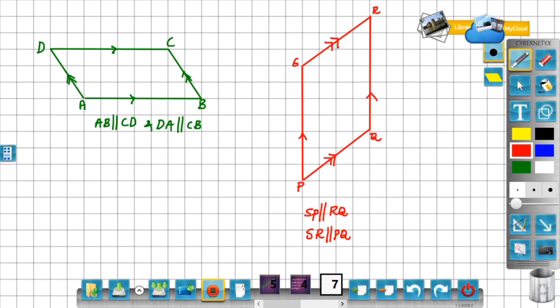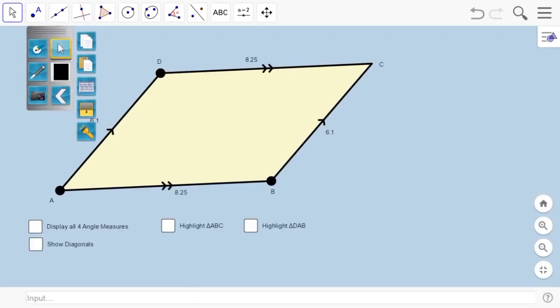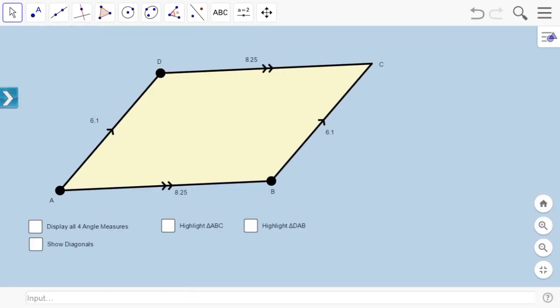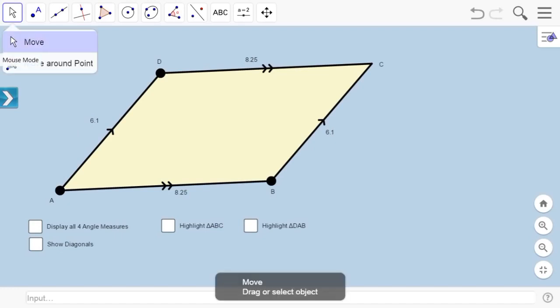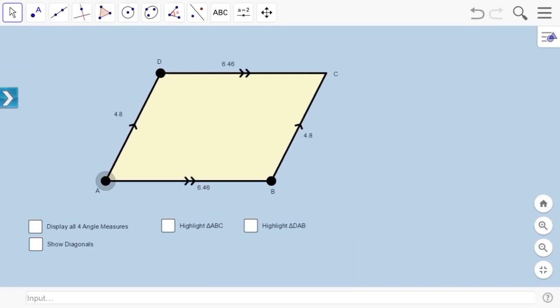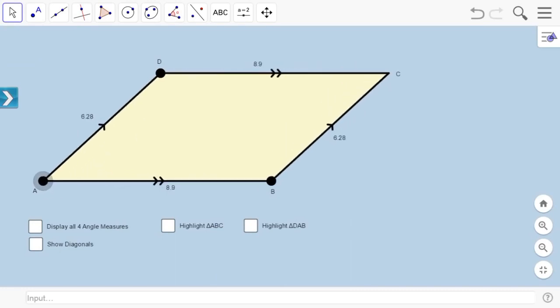Now let us study the properties of parallelogram. Now see here, ABCD is a parallelogram. Which are the parallel lines here? AB parallel to CD and AD parallel to CB. And also look at the length of the sides.